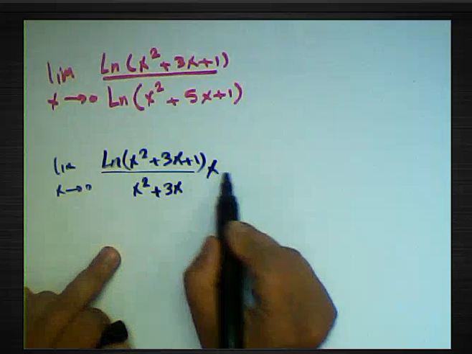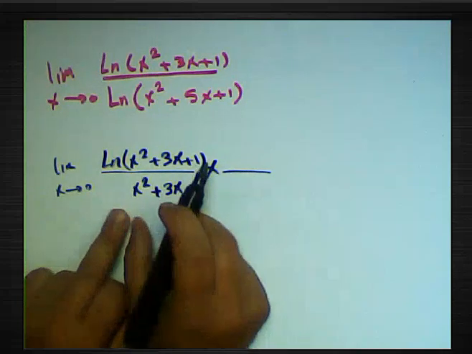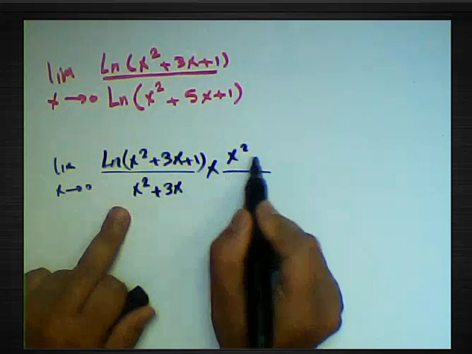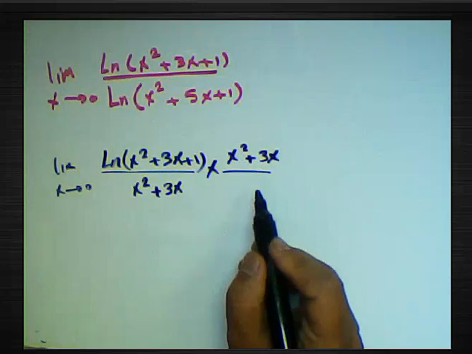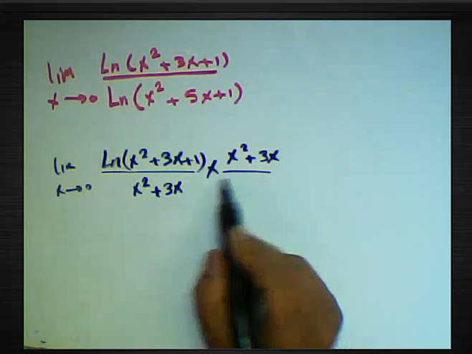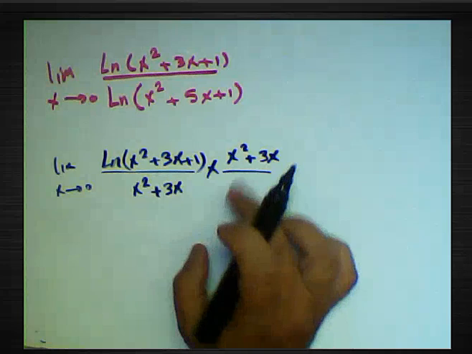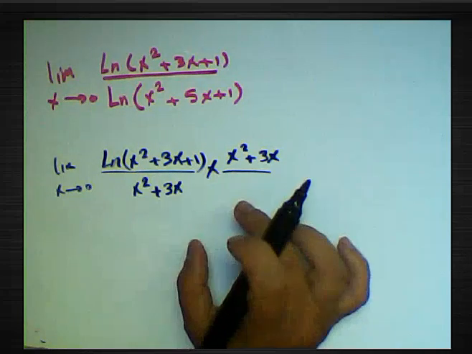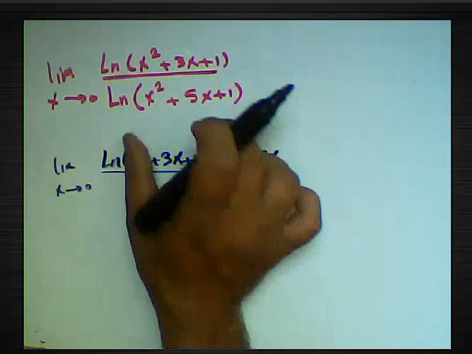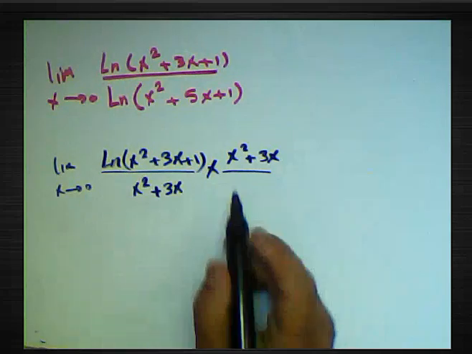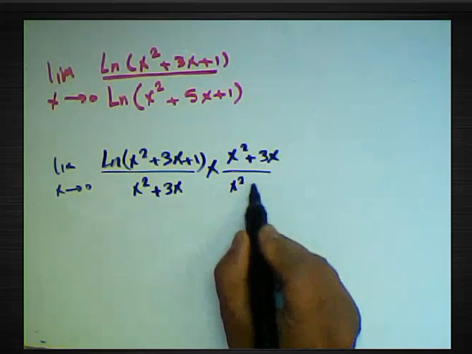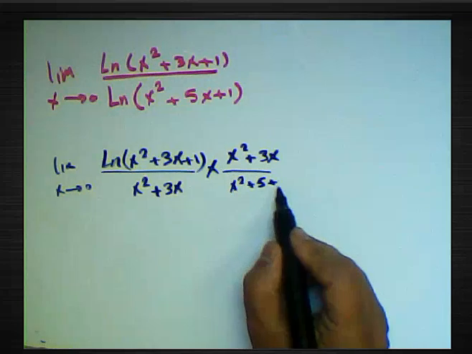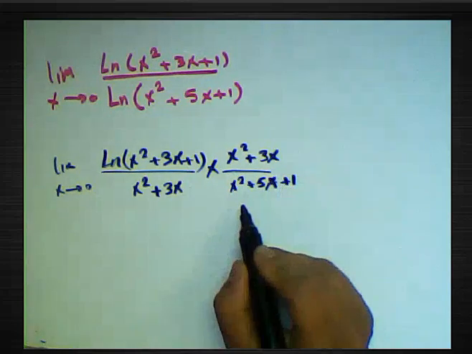Okay, why do we do it? To get the result, write this up here, x^2 + 3x, multiplied by what? This will be equal. I will write this denominator here as x^2 + 5x + 1.